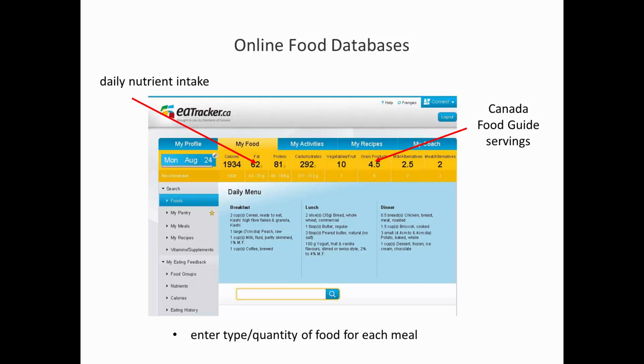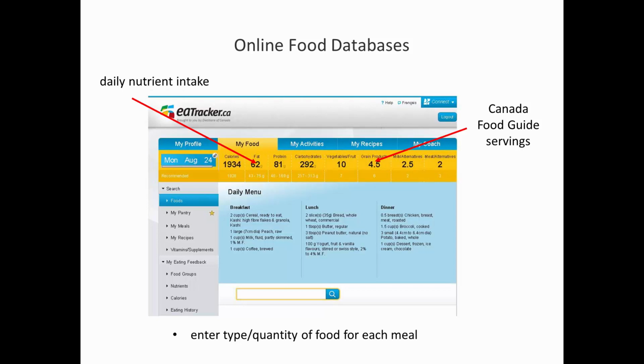It's also good if you wanted to track a particular nutrient. If you were low on iron and you wanted to see if you are getting enough iron in your diet, or calcium, or a specific nutrient, or if you're wondering am I having too much sodium, then again you could keep track of what you're eating for a couple of days.